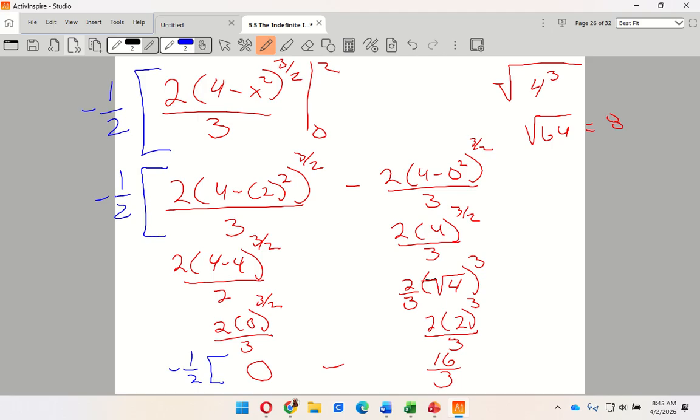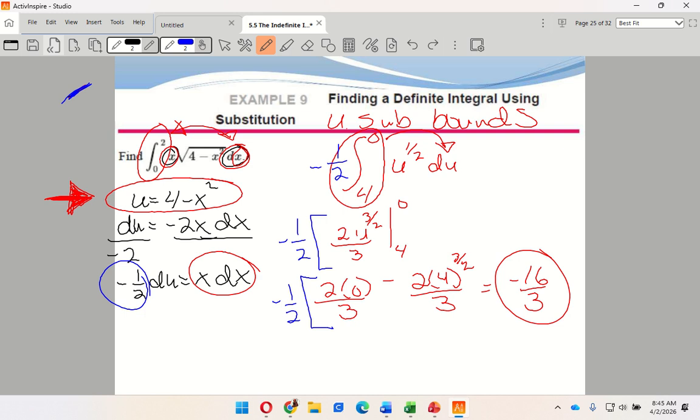So over here, since I got the same thing, my final answer should be a positive 8/3. And then if I go back to fix this one, because I left off that, because I'm distributing that -1/2.